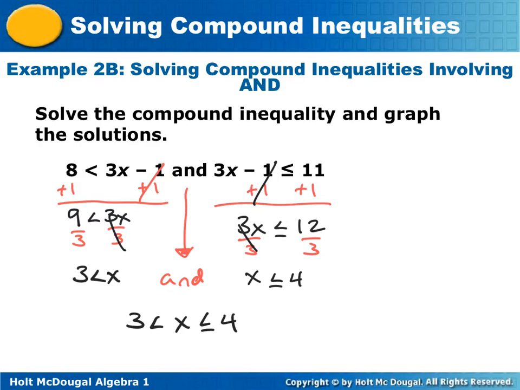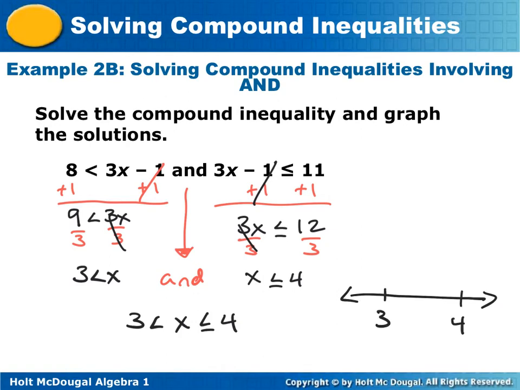Okay. So right here, you can clearly see it. You've got one that is just less than. The other one is greater than or equal to or less than or equal to, however you want to read it. So when you go to graph them, that means you're going to have one dot that is open and one dot that is closed. You've got the number 3.